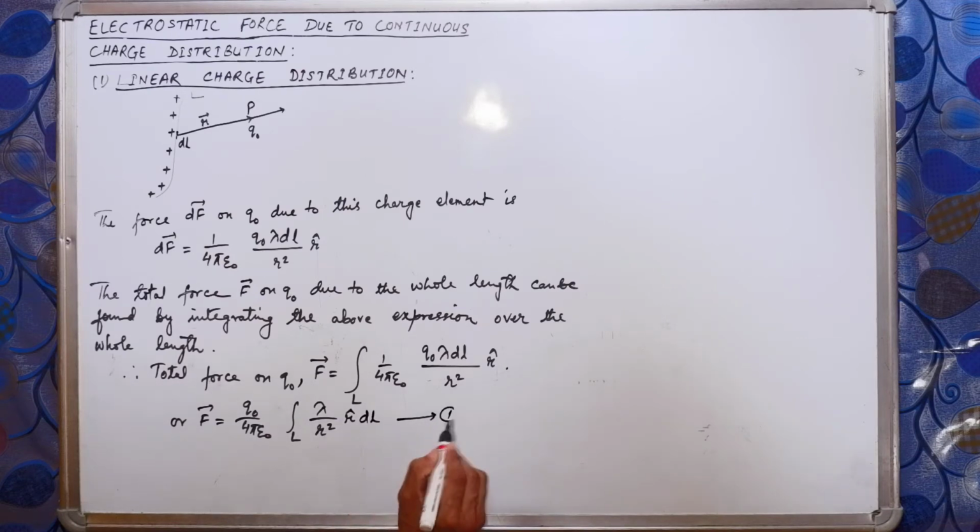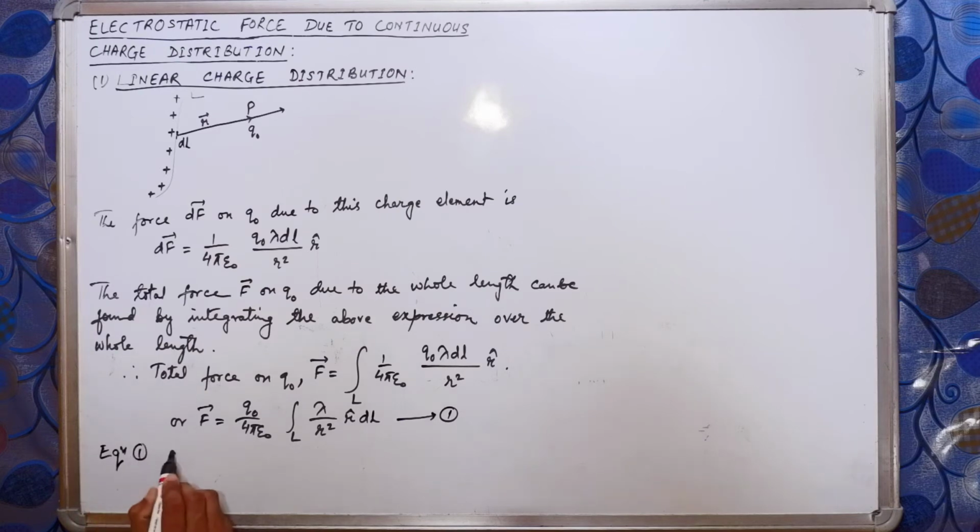Name this as equation number 1, and equation 1 is the required equation. So equation 1 gives the expression of the force F on the charge Q naught due to a linear charge distribution on a thin conductor of length L.